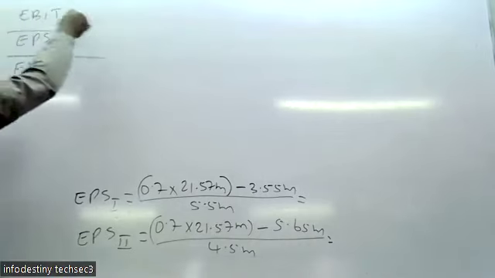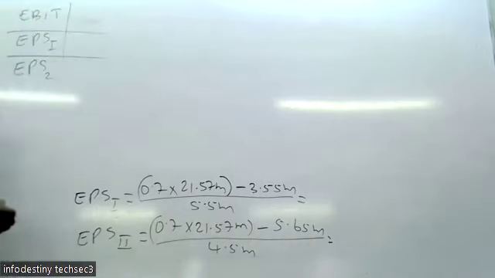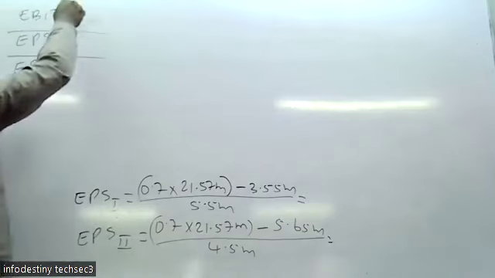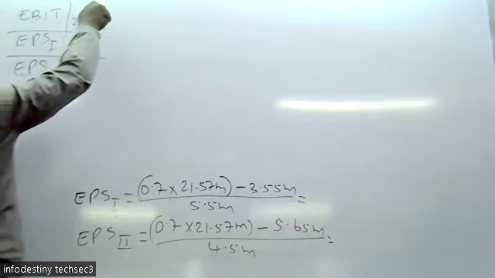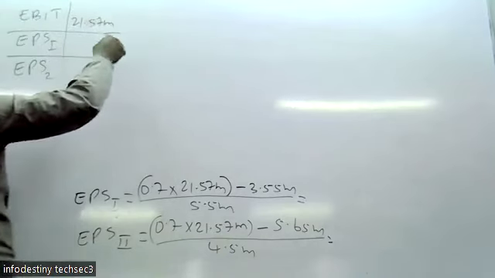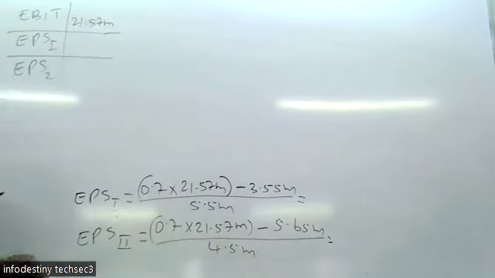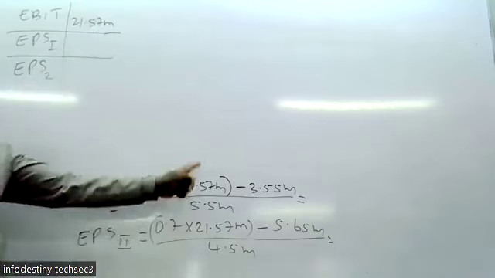You just simplify them in that order. So currently, it is 21.57 millions. So when it is 21.57 millions, we have just calculated our earning per share.